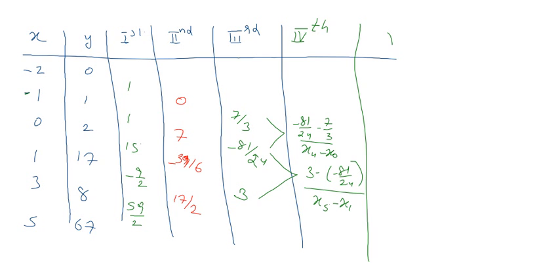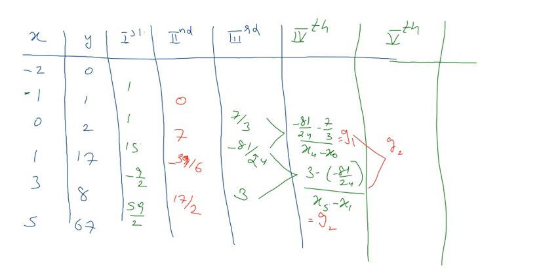Then for the fifth order divided difference, you are going to use these two. So fifth order, you are going to skip the 4 values in between. So if I call this G1, and the next entry G2, then G2 minus G1, you are going to skip in between 4 values.